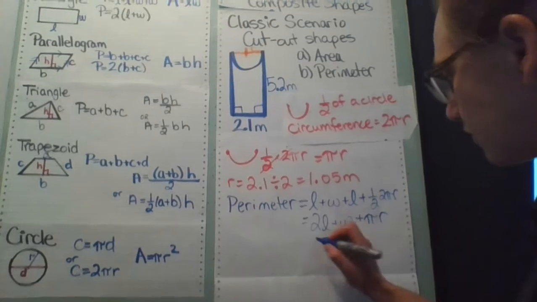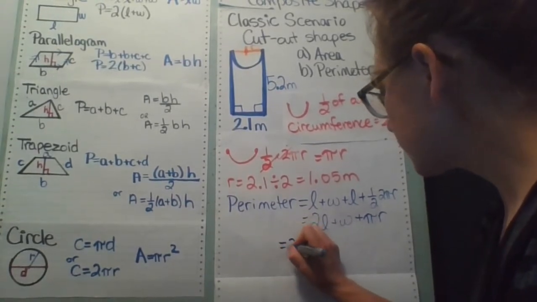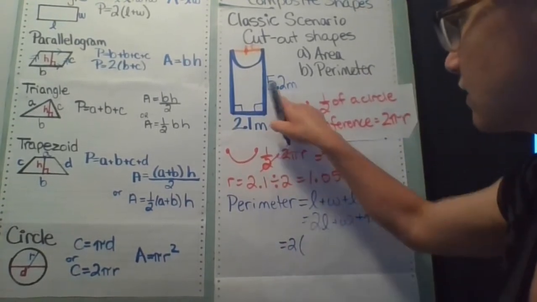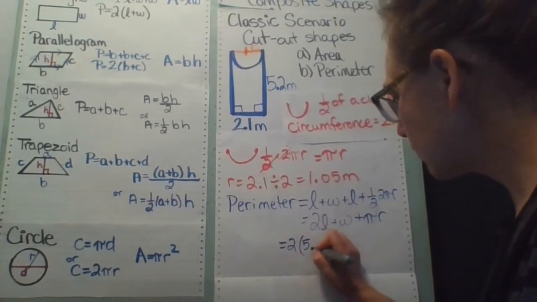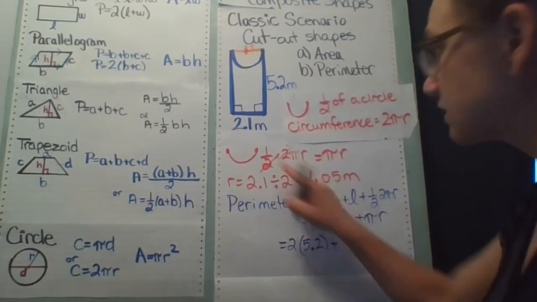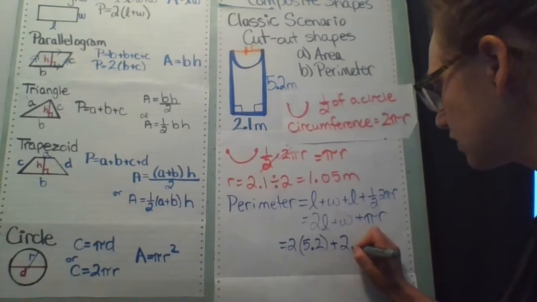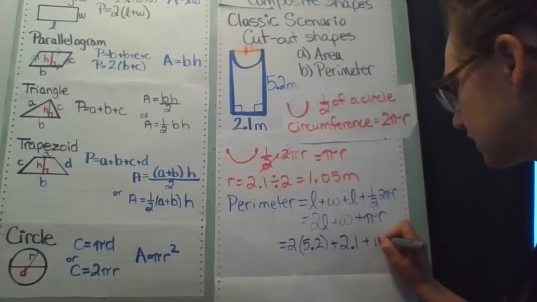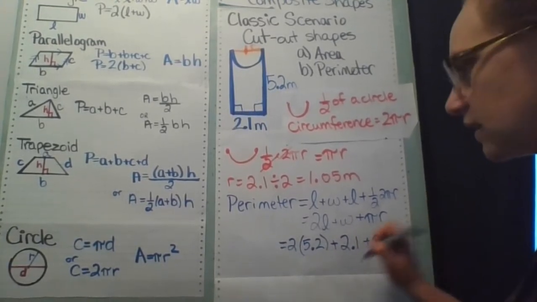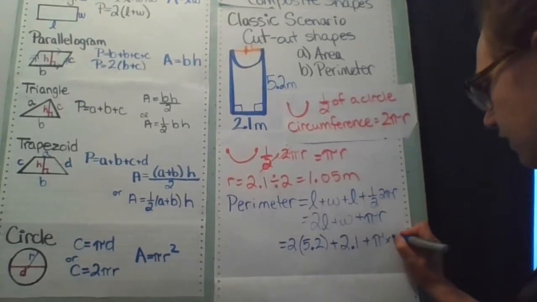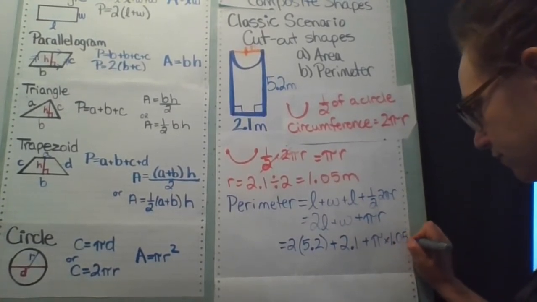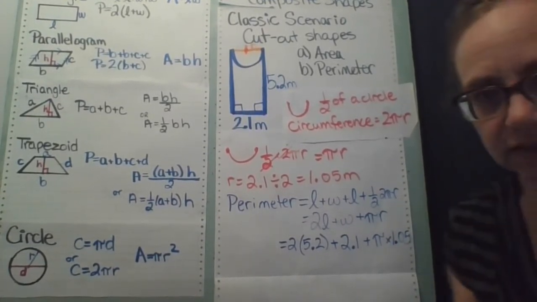So let's sub it in and solve. So that equals 2 times, what was my length? 5.2, plus my width, which is 2.1, plus pi times radius, which is 1.05. Toss it in your calculator and away you go.